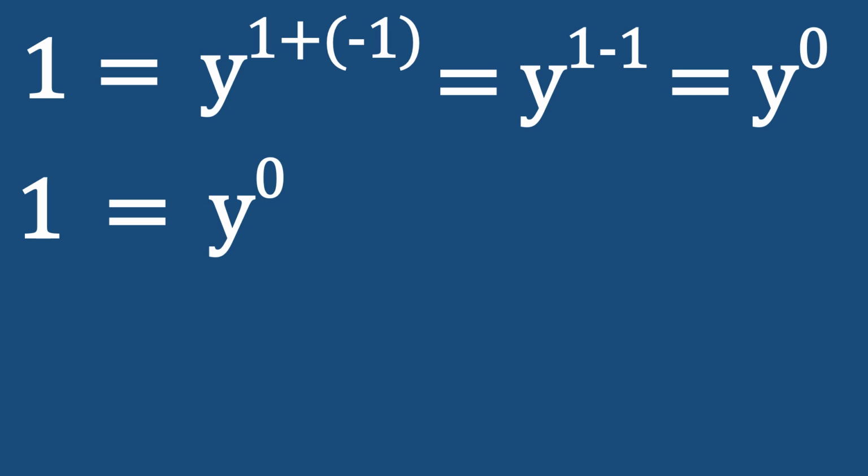So what we can simply see is that 1 is equals to y raised to the power 0, which means that y raised to the power 0 is also equals to 1. So we have successfully solved scenario 2, and we've also established that y raised to the power 0 is equals to 1.